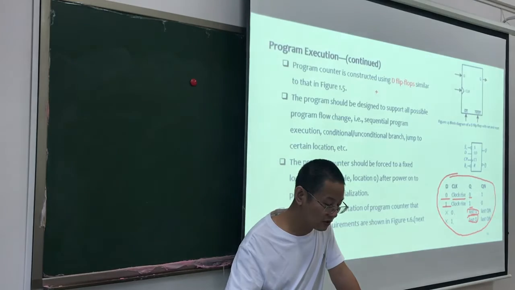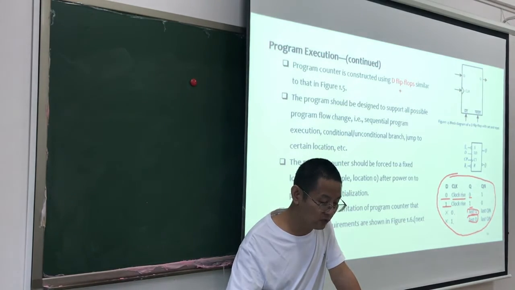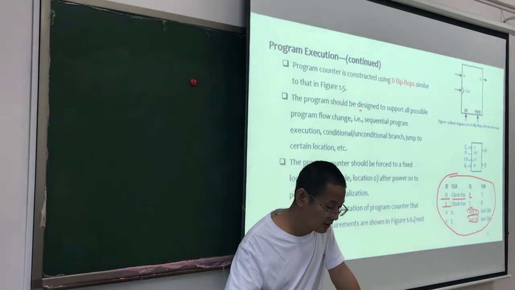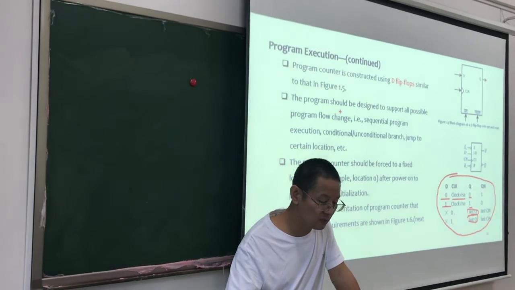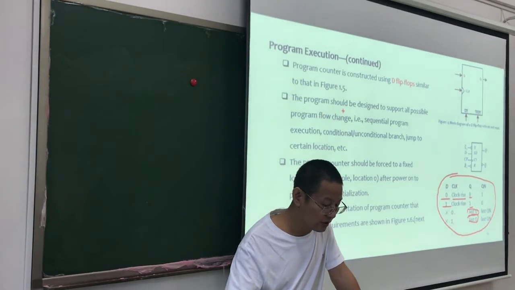The program counter is constructed using D flip-flops. The program counter should be designed to support all possible program flow, i.e. sequential program execution, conditional or unconditional branch, jump to a certain location, etc. The program counter should be forced to a fixed location, maybe location 0, after power on to perform system initialization.